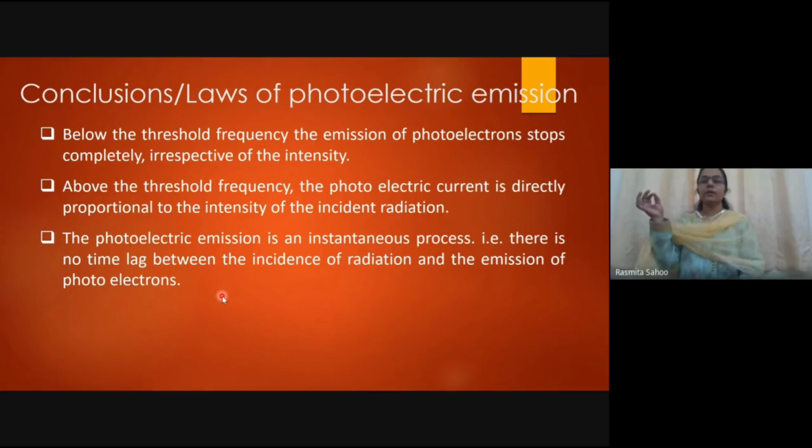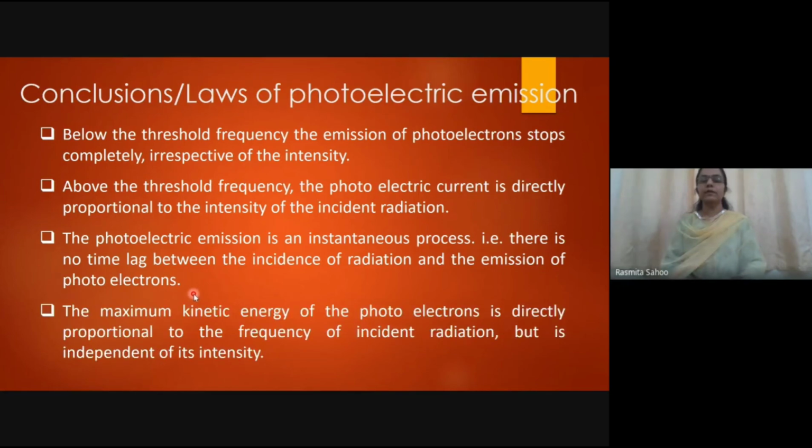As soon as the photon is incident on the metal, the electron immediately comes out. The maximum kinetic energy of photoelectrons is directly proportional to the frequency of incident radiation, but is independent of intensity, which we have seen already.